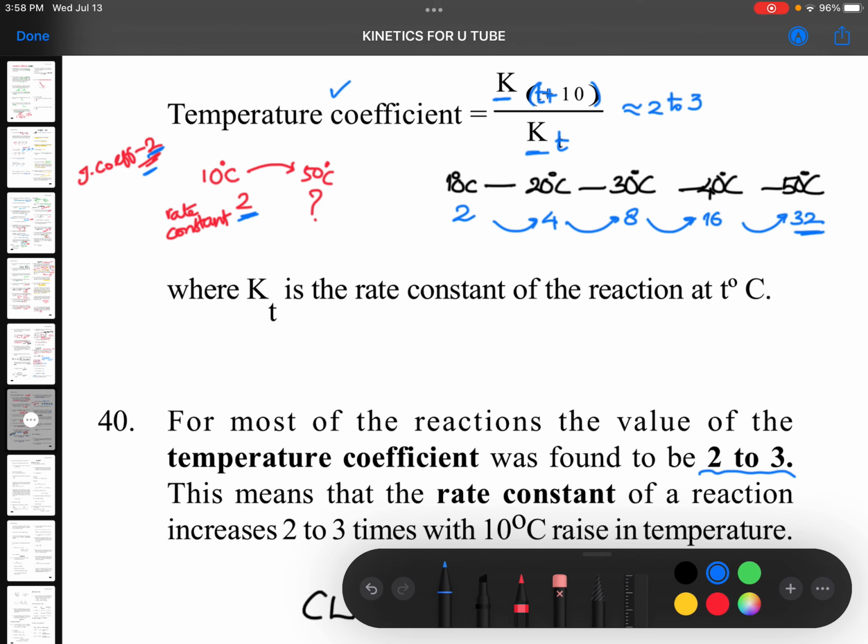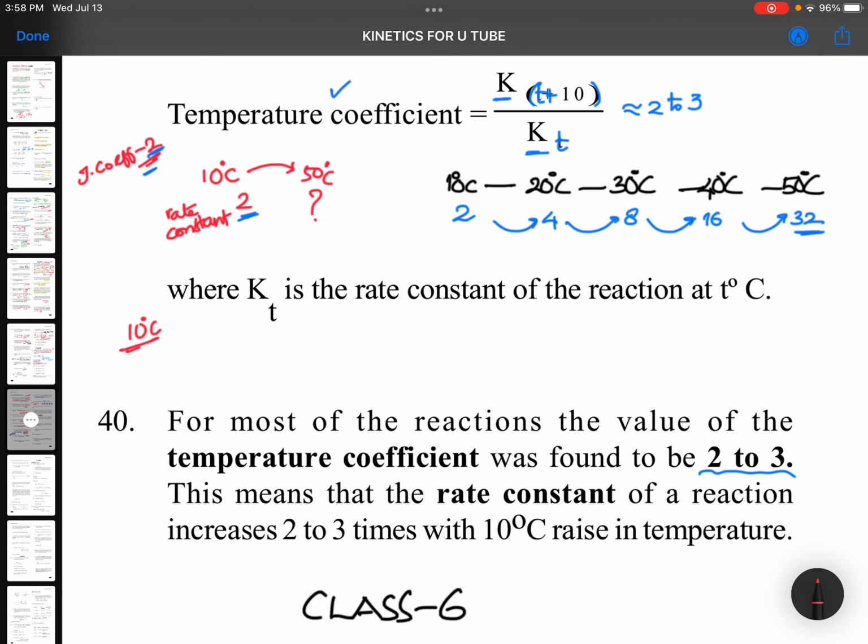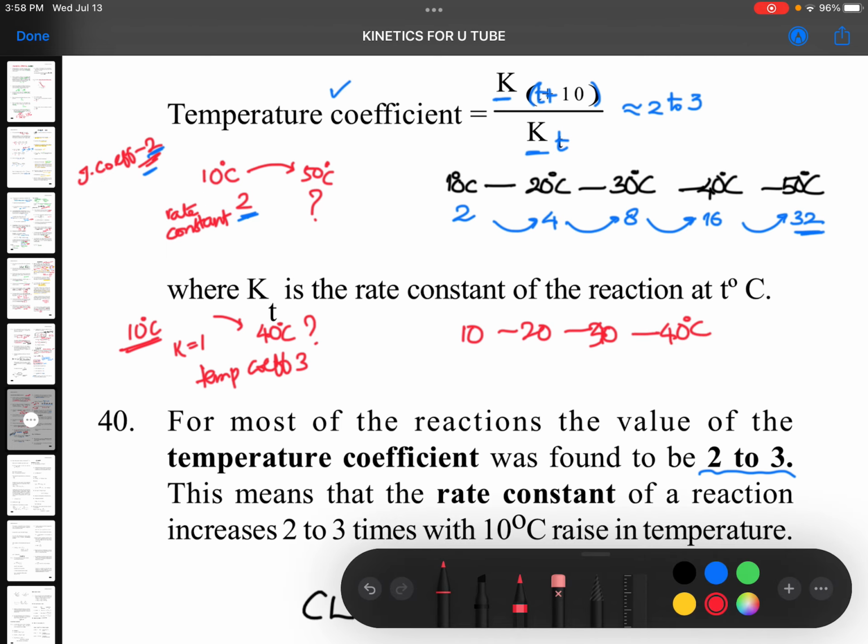For example, if temperature coefficient is 3, at 10 degrees Celsius, let us say K is equal to 1, what will be at 40 degrees Celsius? And temperature coefficient is 3. So 10 degrees to 20 degrees to 30 degrees to 40 degrees.